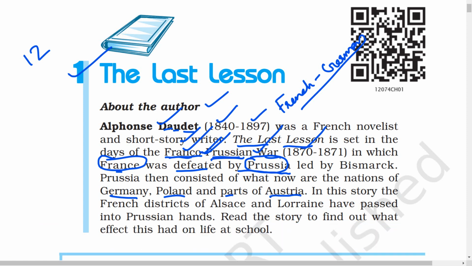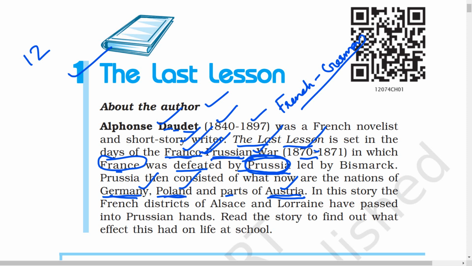In 1870-71, the country named Prussia comprised Germany, Poland, and Austria. Later, it was divided into three independent countries: Germany, Poland, and Austria.